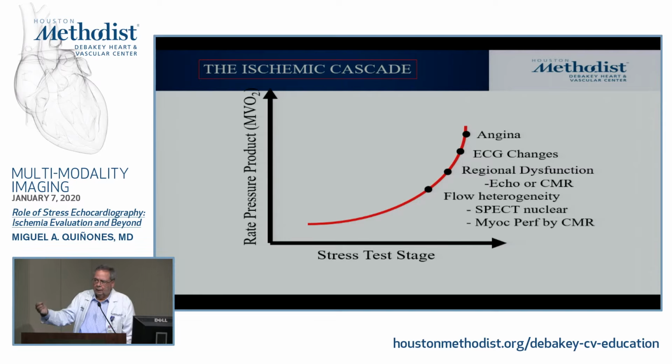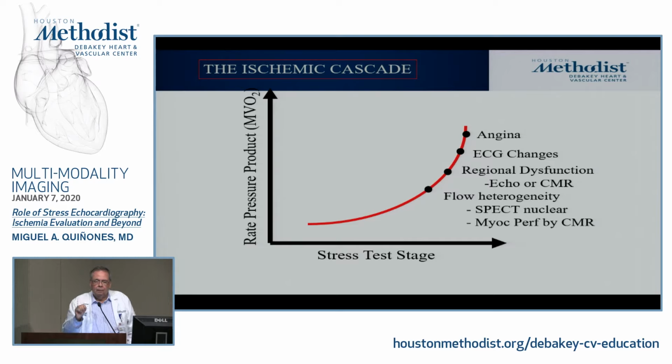Today we can measure that in the cath lab with a wire. We can measure that today with PET. We can measure that today, even now, with offline assessment of CT. So that's flow heterogeneity. Modalities that look at flow, such as nuclear SPECT, PET, and CMR perfusion, are going to be assessing that.